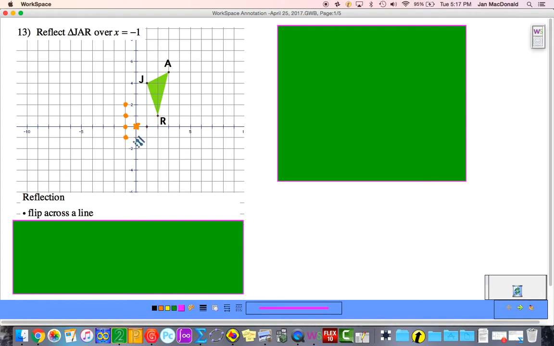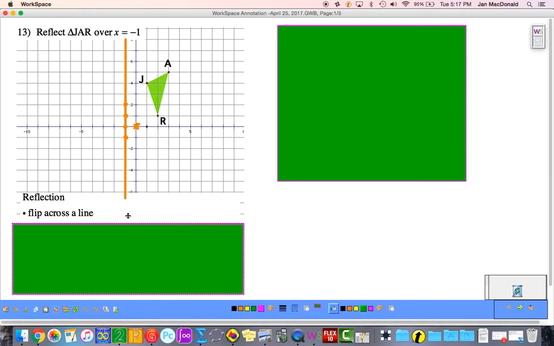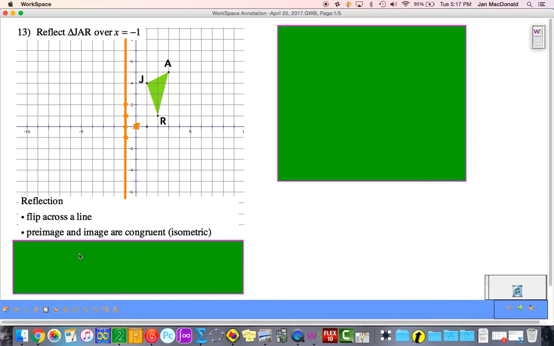So clearly, you can see the graph of the line x equal to -1 is a vertical line, and all points on this line have an x value equal to -1. We also know that when we reflect an original polygon, its image and pre-image are congruent, or isometric.